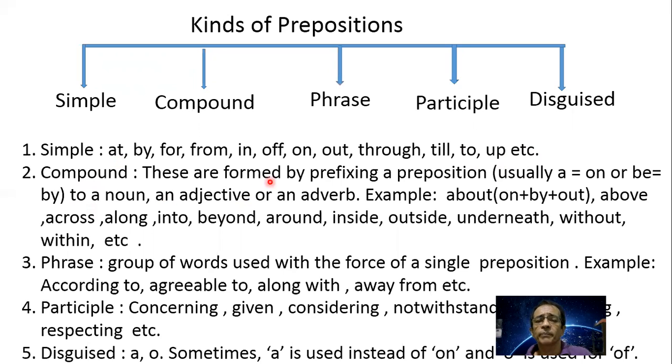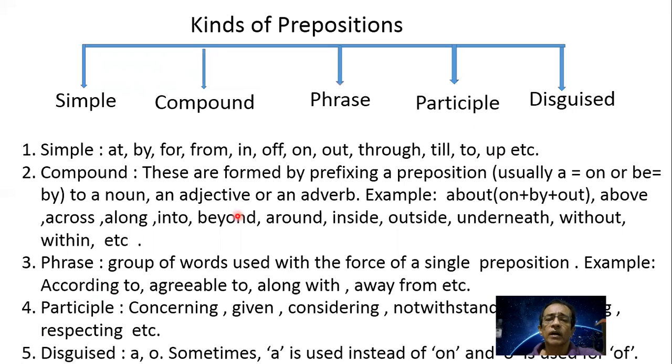These are formed by prefixing a preposition. Prefixing means added before, usually a equal to on or b equal to by, to a noun, an adjective or an adverb.